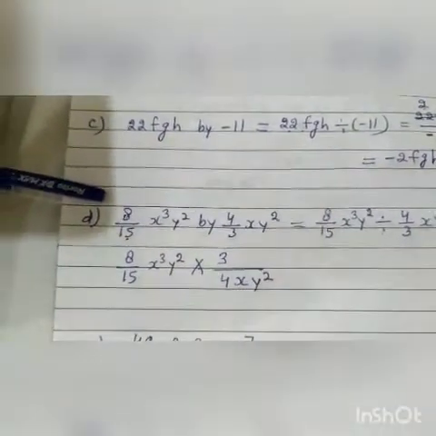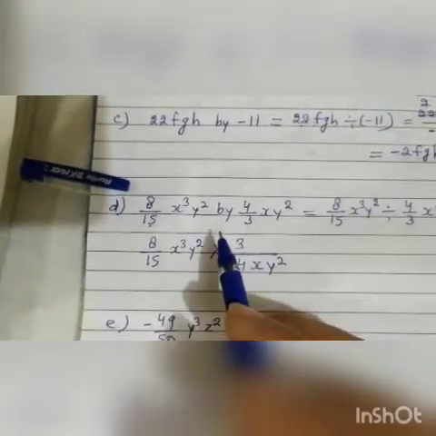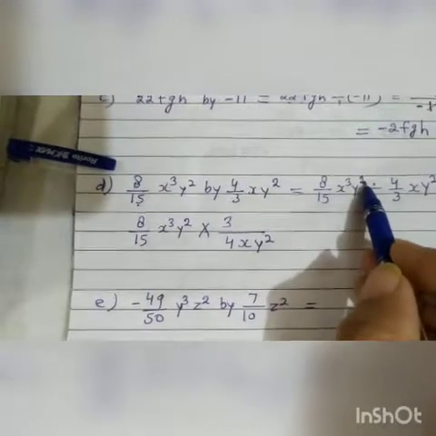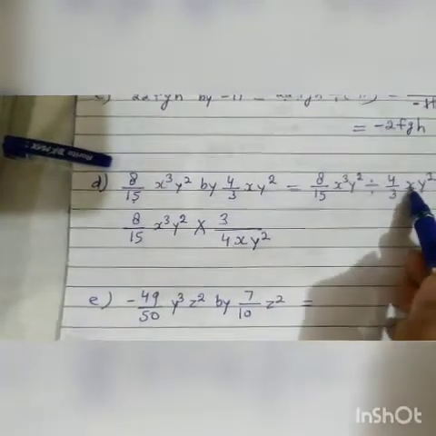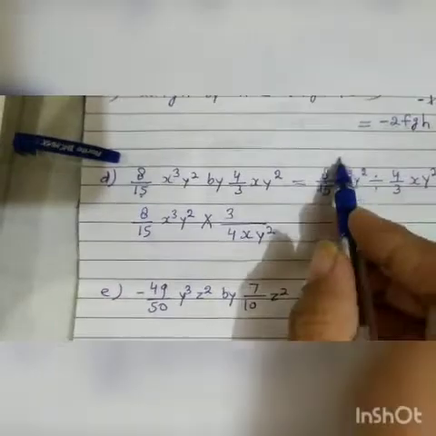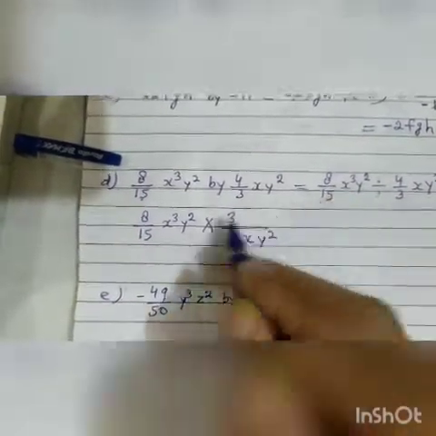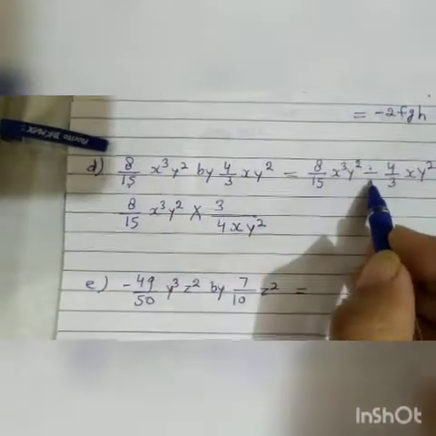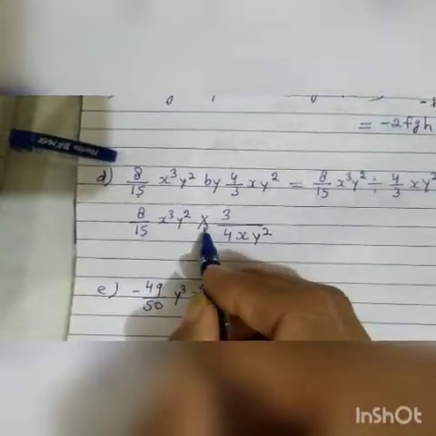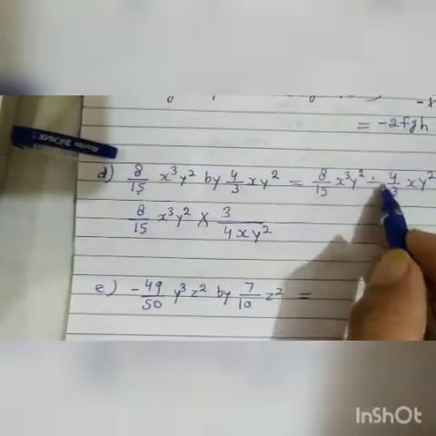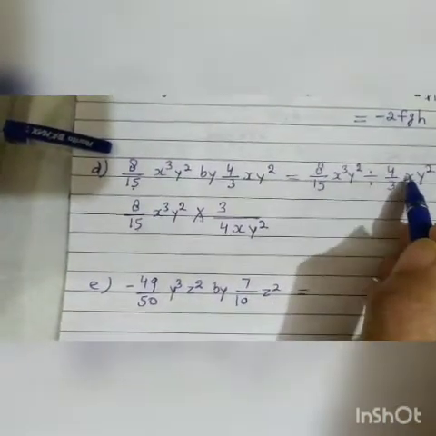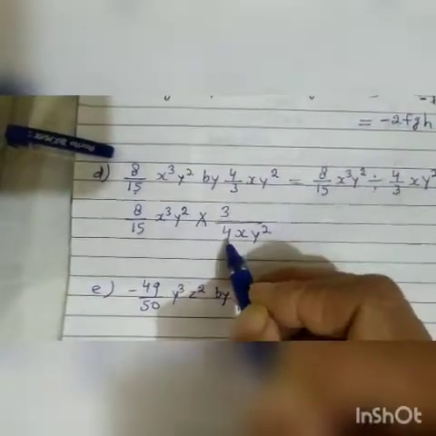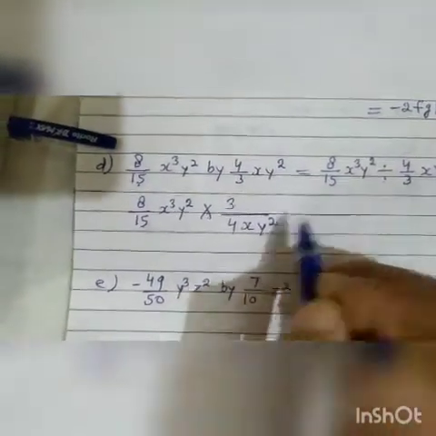Again, we have to divide 8 upon 15 x cube y square by 4 upon 3 xy square. So the first term will be written as it is, 8 upon 15 x cube y square. Then change this divide sign into multiplication and write the reciprocal of the second term. It is 4xy square upon 3, we will write it 3 upon 4xy square.